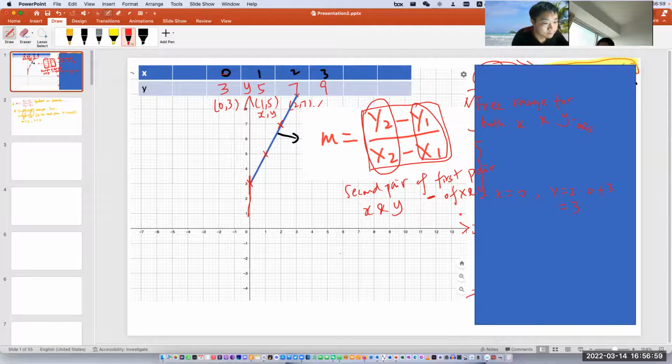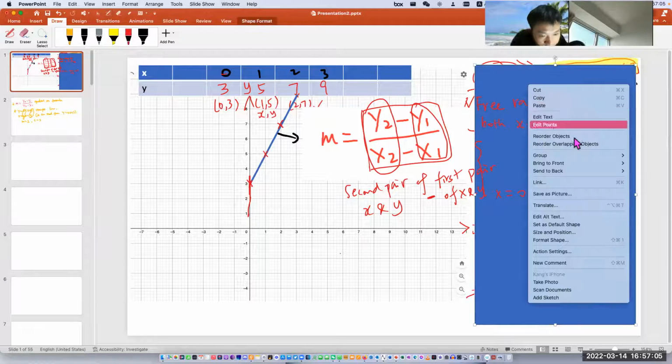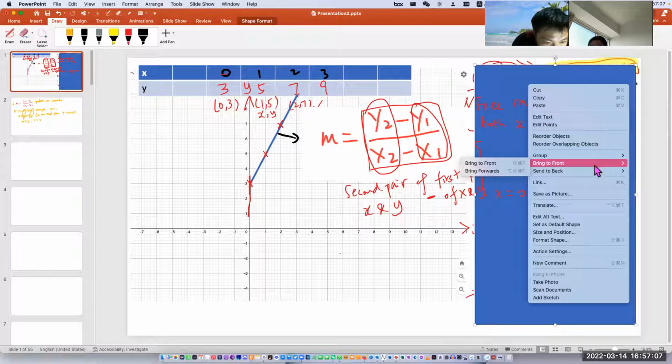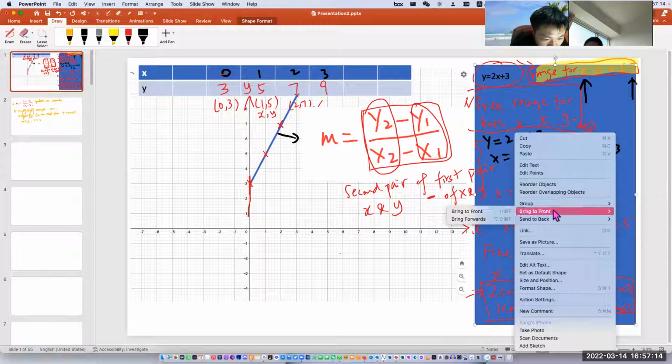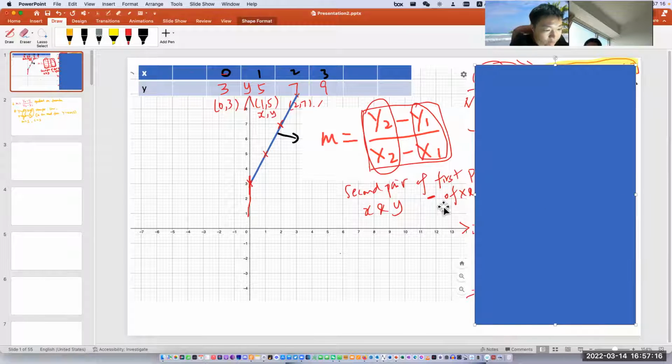Pretty clear cut, right? So you need to use the second pair of x and y. Why second pair? The 2 below denotes the second pair, minus the first pair. The 1 here denotes the first pair.